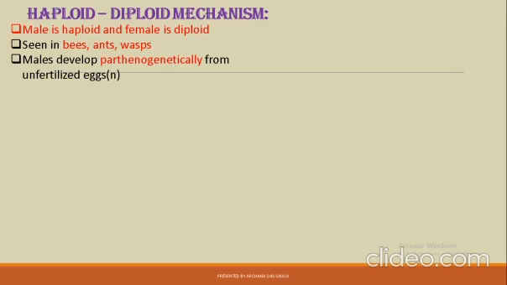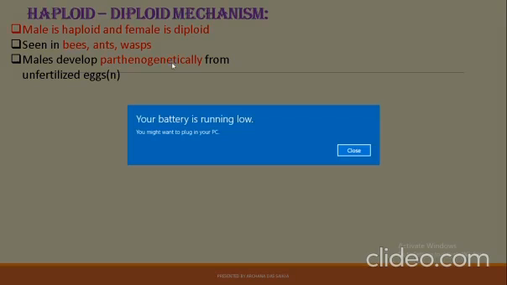Now parthenogenesis is the phenomenon in which organisms are capable of producing new offspring directly from the eggs. They don't need sperms to produce the new offspring or the zygote.